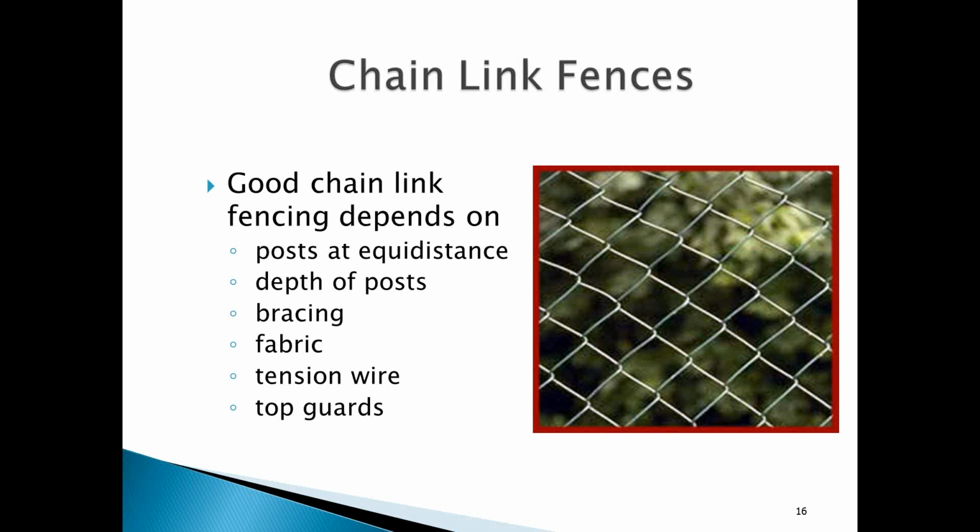The fabric is at least 9 gauge or higher, and it has an opening of 2 inches or less, okay? You can also run a tension wire in there, so if the tension wire parts or slacks off, it sets off an alarm. And you can include top guards. Let's talk a little bit about that.